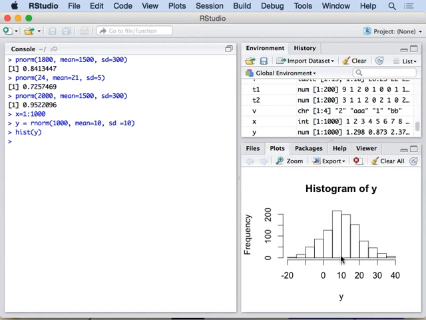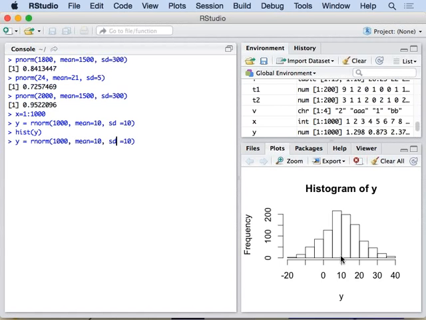So rnorm has given me numbers which are maximum towards the mean, with a standard deviation of 10, which means about 68% of the area will be here. y is a vector with a thousand values, since I'm expecting a total of 1000 values.